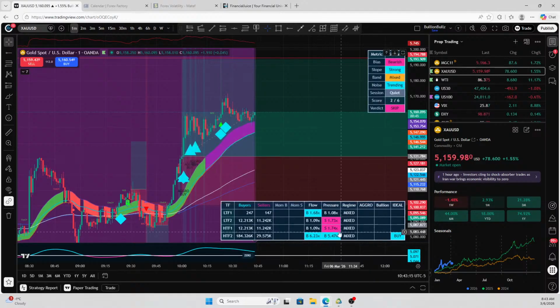Yeah, if you can see, higher time frames are still staying above 2. So this is a very, very good sign. It's telling us that the buyers are still defending the price.